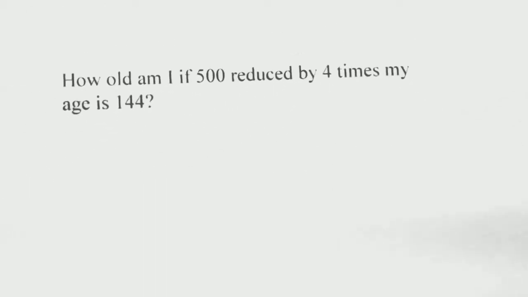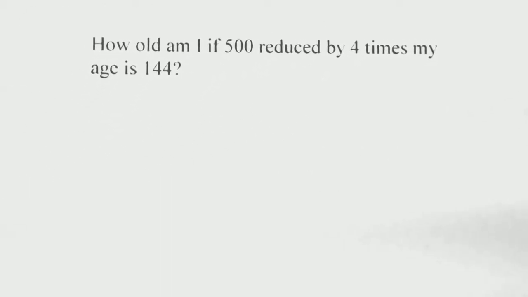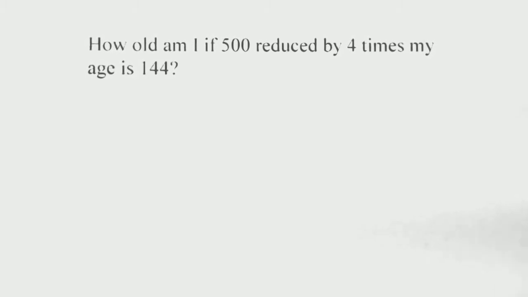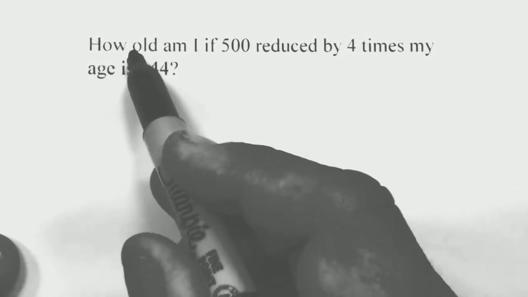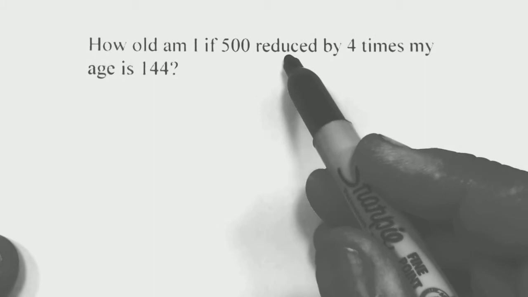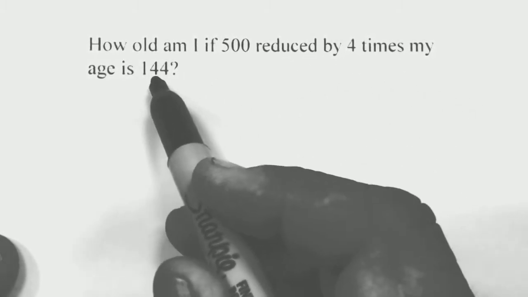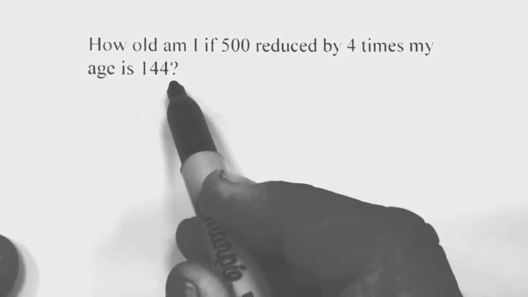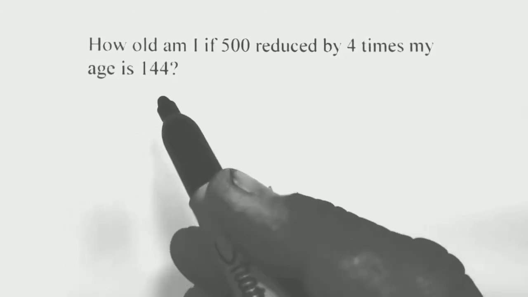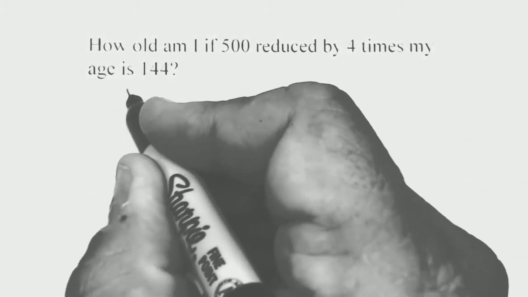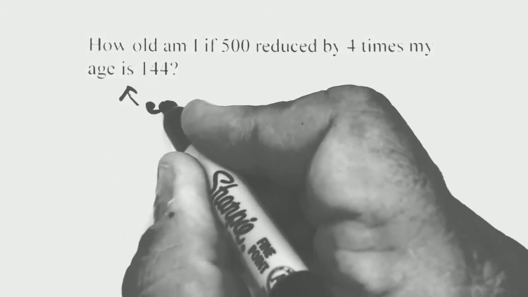Okay, let's look at another problem here. Not quite as many words, but still something we have to set up. It says, how old am I if 500 reduced by 4 times my age is 144? Well, this is a one-liner, and guess what? Our favorite "is" shows up here.